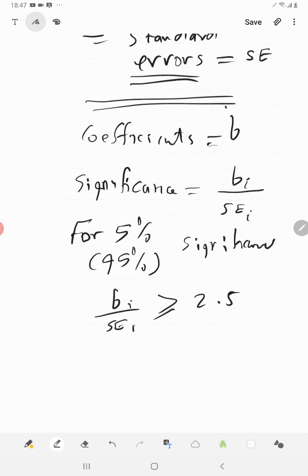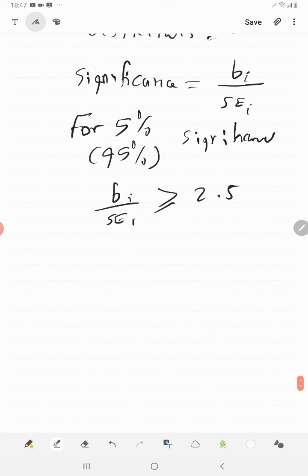If we calculate this one, B over standard error, and it turns out to be more than 2.5, we are happy, okay? We say it's okay, no problem with our estimate, the way we estimate the coefficients B. This is named as the significance, okay?